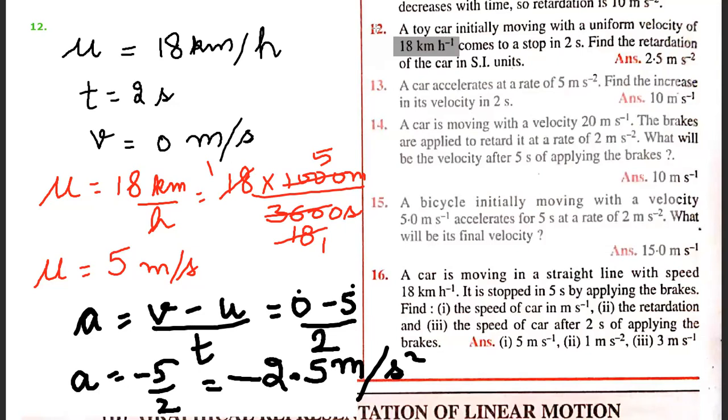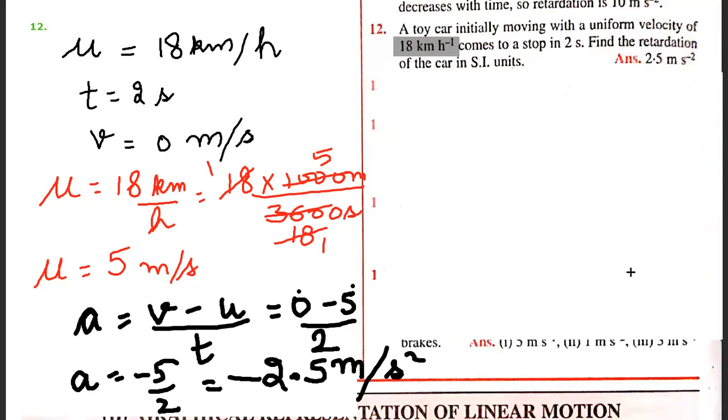Now children, if acceleration is minus 2.5, what can we say about retardation? What is retardation here? In this question, we are being asked about retardation. And retardation basically means negative acceleration.